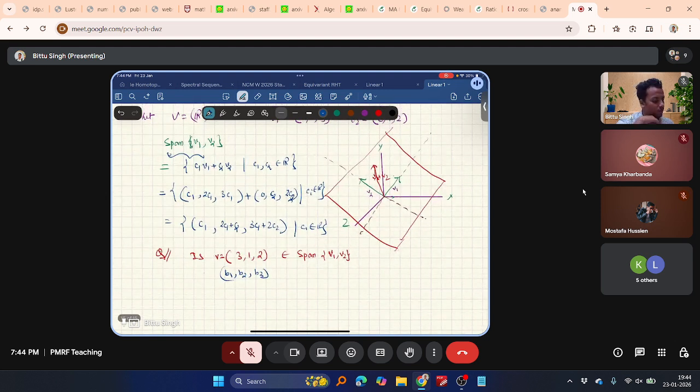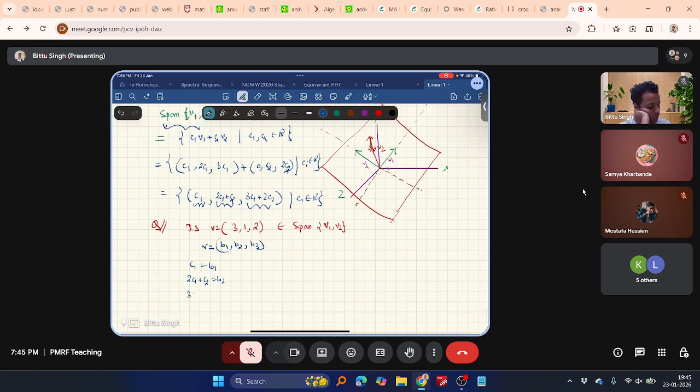If it belongs to the spanning set, this will imply c1 will be b1, 2c1 plus c2 will be b2, and 3c1 plus 2c2 will be b3.